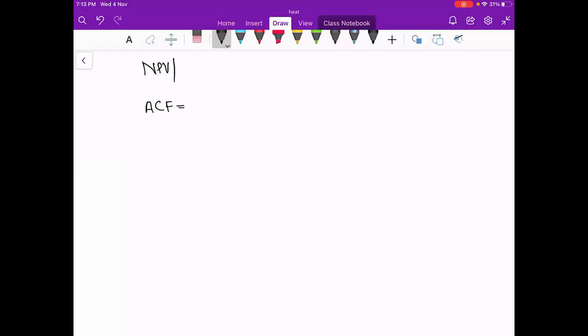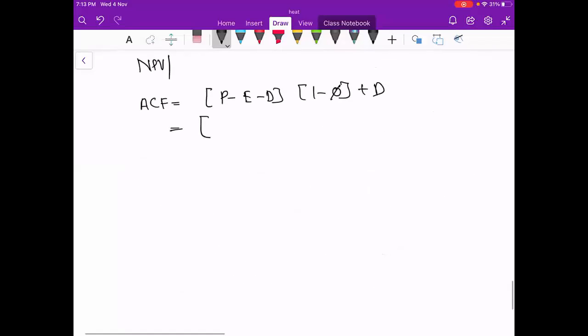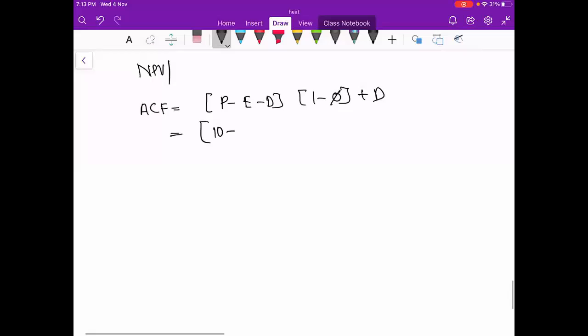ACF will be (P minus E minus D)(1 minus phi) plus D. Annual profit is 10 crore. What are the expenses they have given? I think no expenses, so 0.